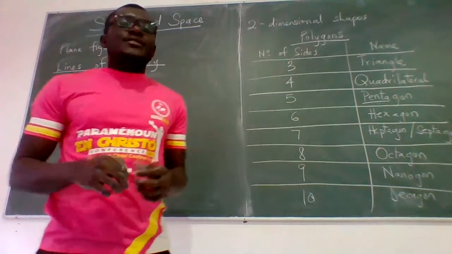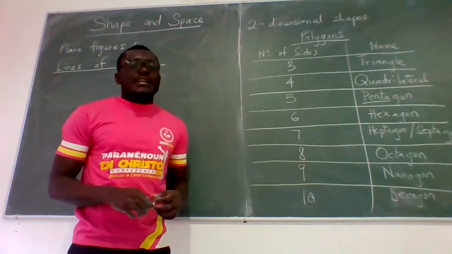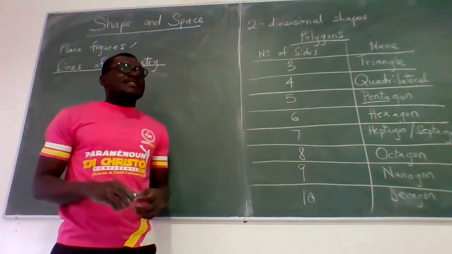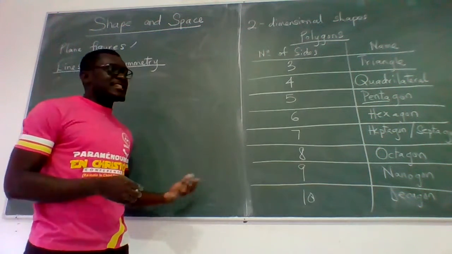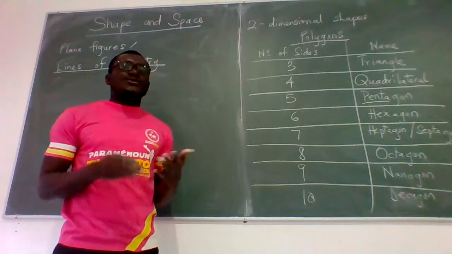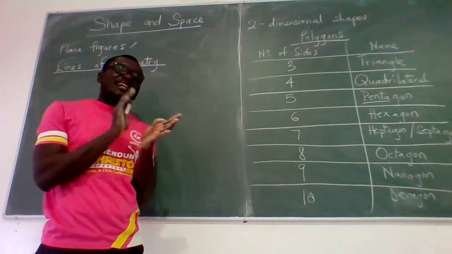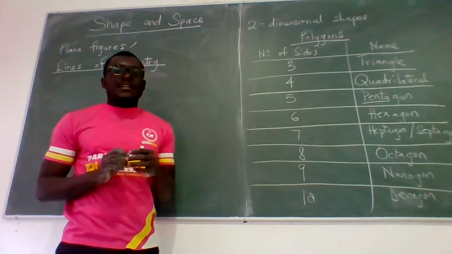So usually lines of symmetry are connected with these shapes. And basically what it means is that what is the line that you can draw through that shape such that it divides it into two equal parts, such that one can lie on top of the other exactly. It fits exactly on top of the other.